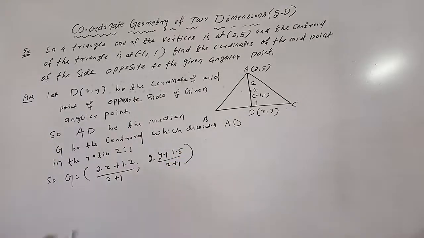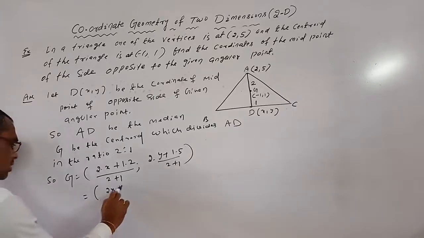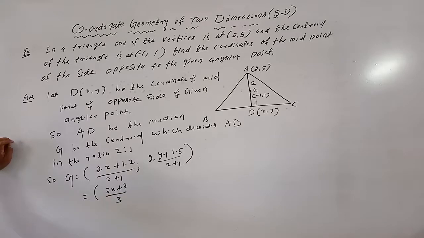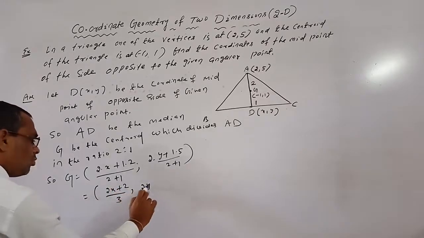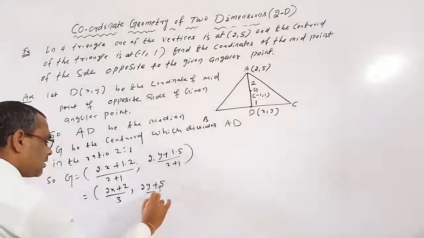Okay. So 2x plus 2 by 3, comma 2y plus 5 by 3.